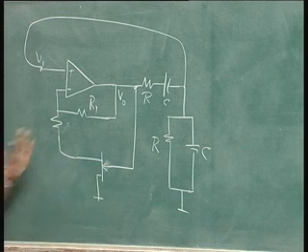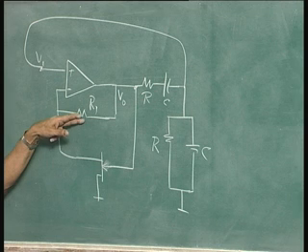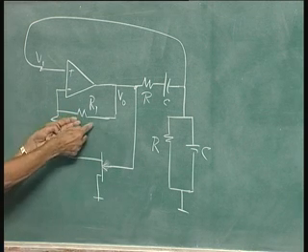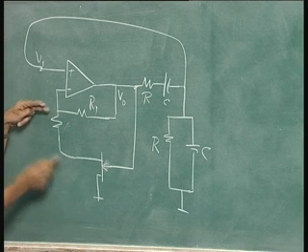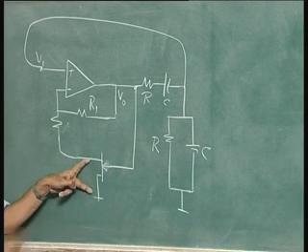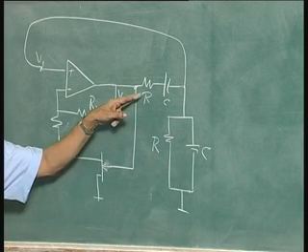This will work as an oscillator only if this resistance is equal to R1 by 2. That means only when this resistance has a particular value. Supposing this is 2 k, this should be 1 k, and if I put this as half k, only when this becomes half k will it work as an oscillator. This will be half k only for a particular gate voltage, and only for a particular output voltage.